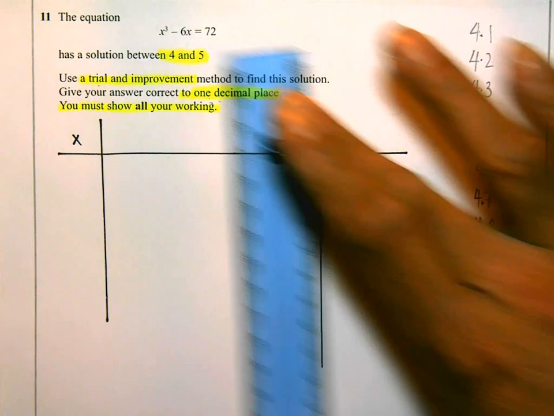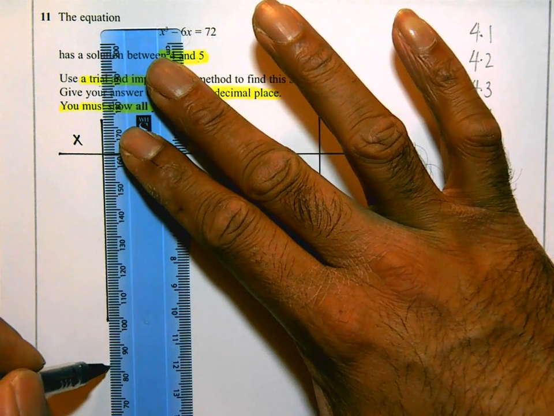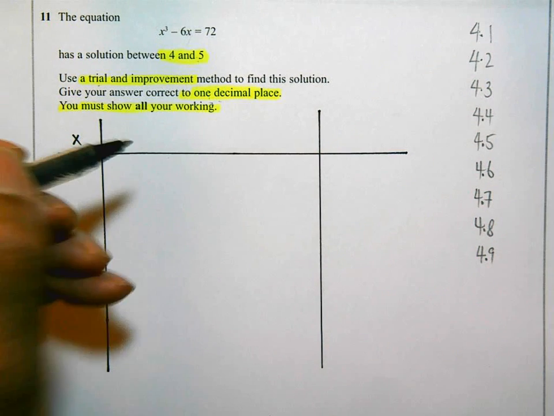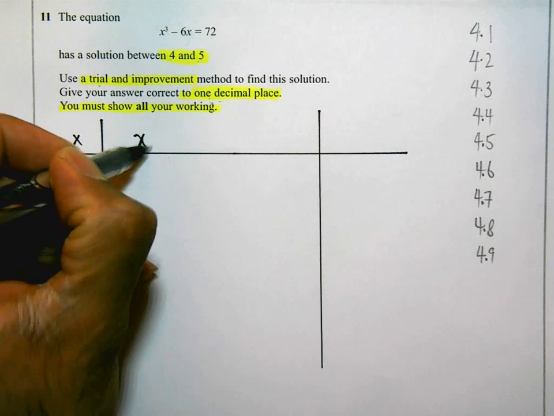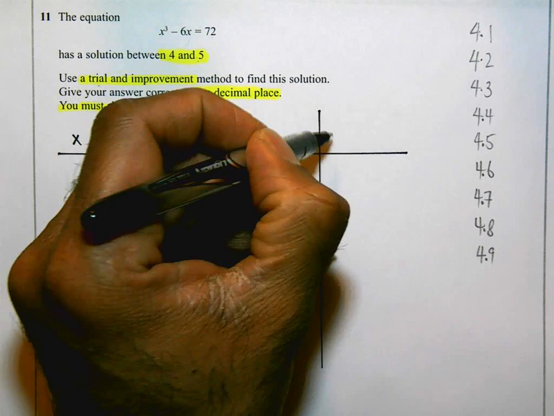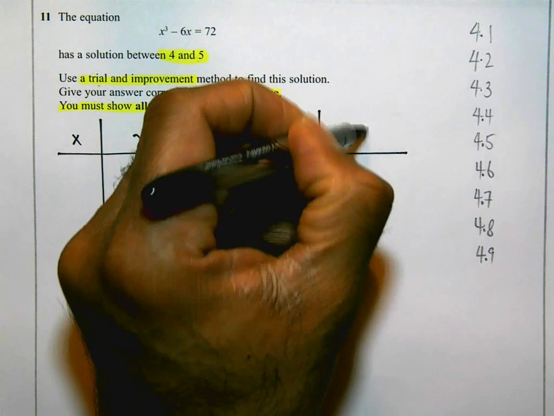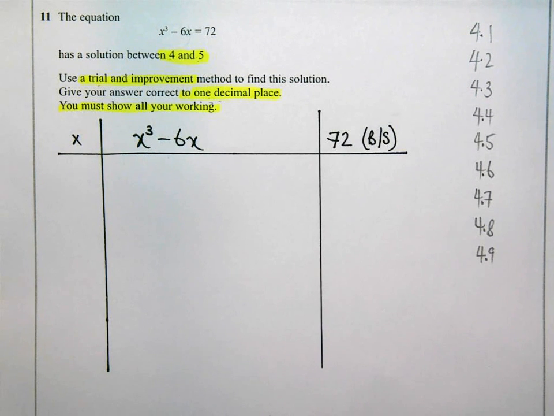In the center, I'm going to put the left hand side of the equation, x cubed minus 6x. My target number is 72, and I'm just going to indicate whether it's too big or too small on that side. So I know that one of these is going to be my answer.